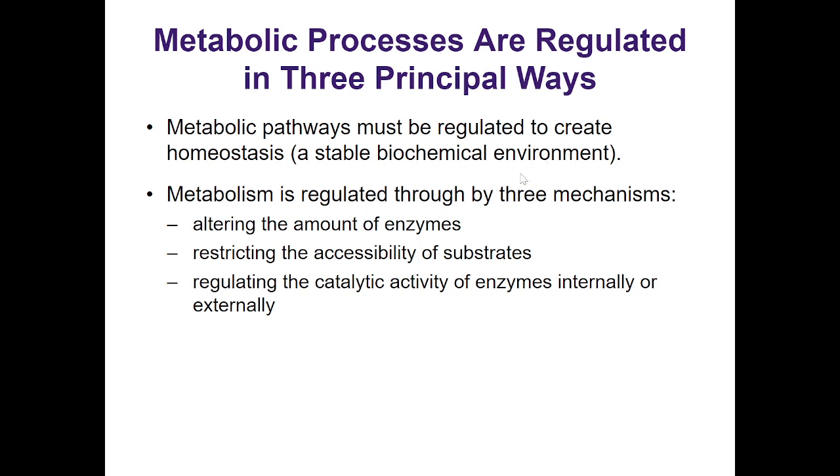Why does this create a stable biochemical environment? What if we just used up something over and over and over? What would happen if we never replenish something? Well, it would run out, but we'd also have another problem, which is, what are almost all of these reactions? They're equilibria, right?